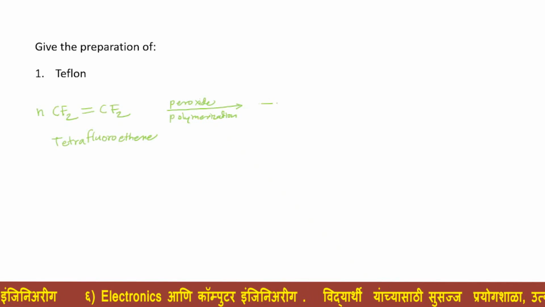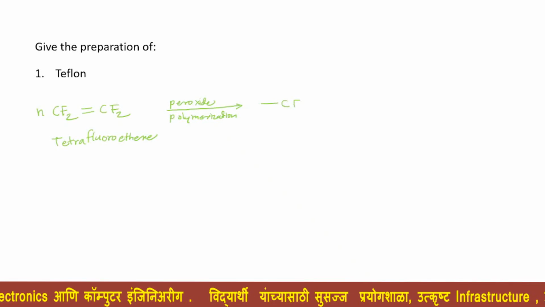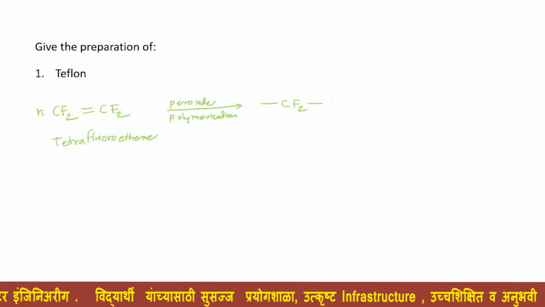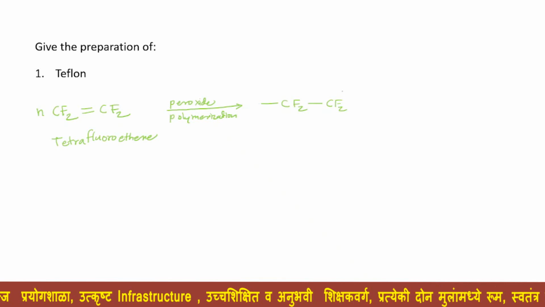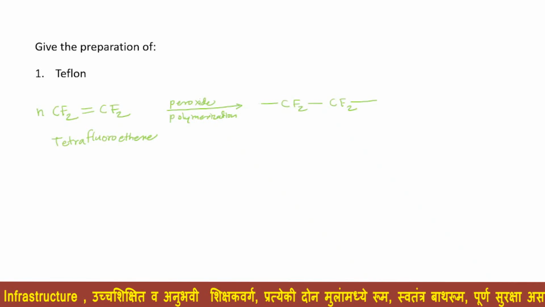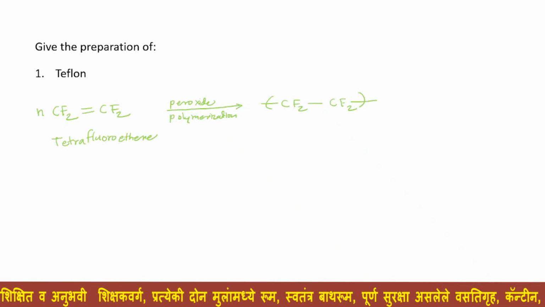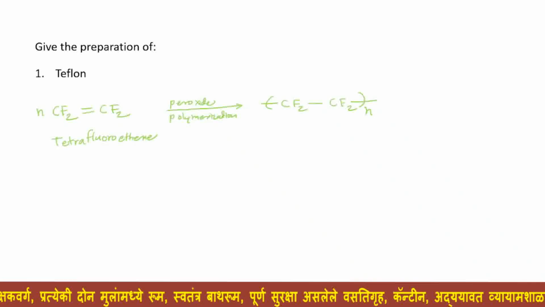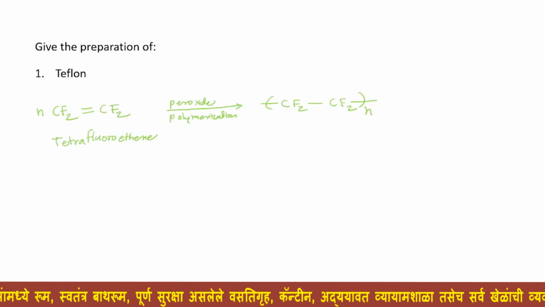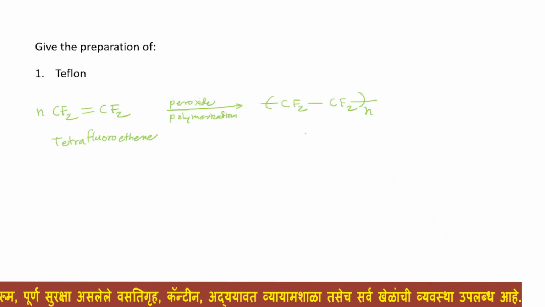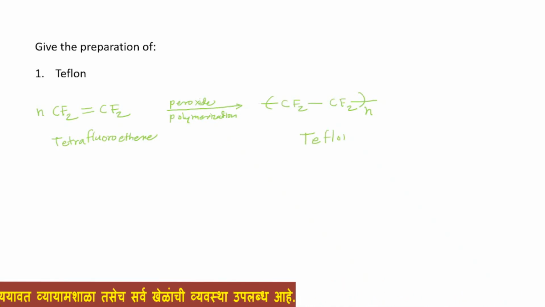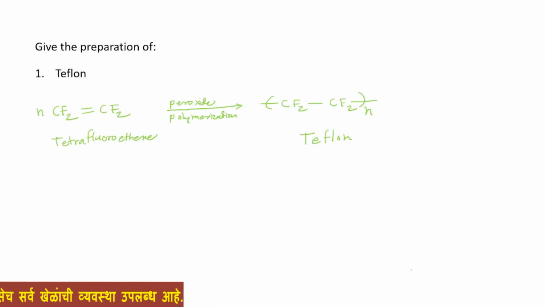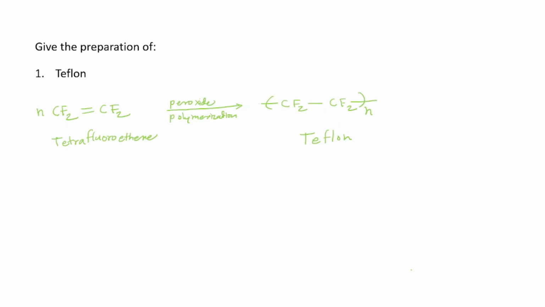So write this again: CF2 single bond CF2, and the continuation we have to show with n number of repeating units. Simple, that we call Teflon. This one-step simple preparation can also be asked in the exam.